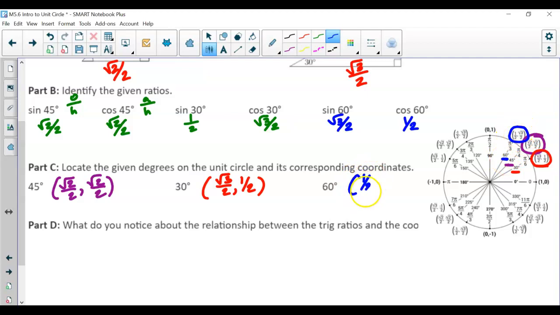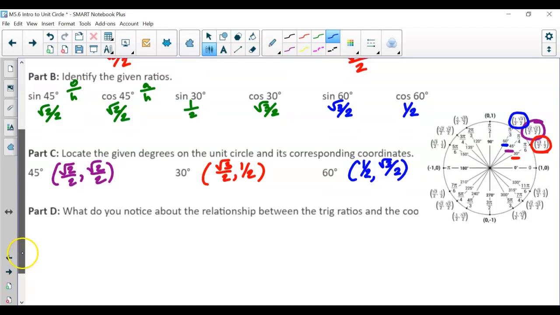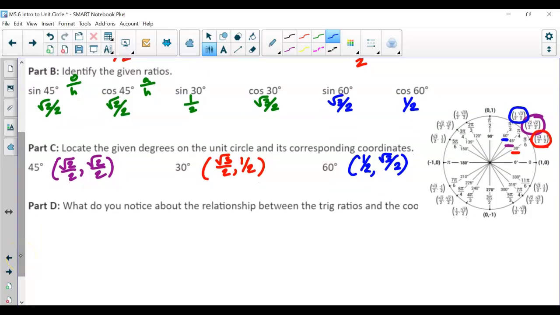So 1/2 and radical 3 over 2. So now I want you to pause the video and see part D. What you notice is the relationship between the trig ratios here. So for the 45 and the coordinates, the 30 and the coordinates, for the 60 and the coordinates.